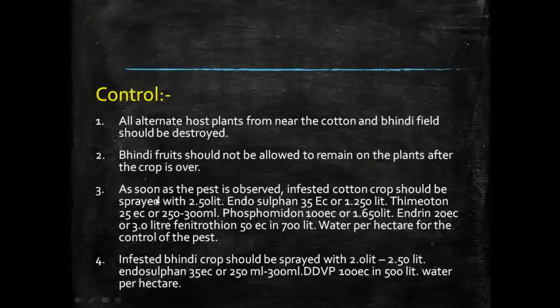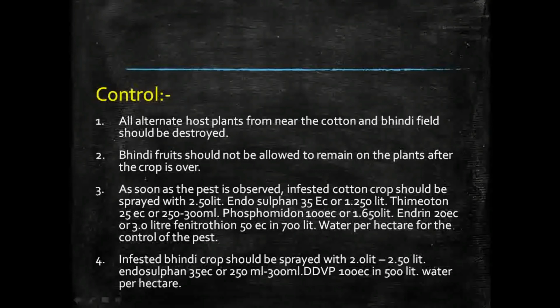Then as soon as the pest is observed, the infested cotton crop should be sprayed with 2.5 liters of endosulfan 35 EC, or 1.250 liters thiometon 25 EC, or 250 to 300 milliliters phosphamidon 100 EC, or 1.650 liters endrin 20 EC, or 3.0 liters fenitrothion 50 EC, in 700 liters of water per hectare for control of the pest.